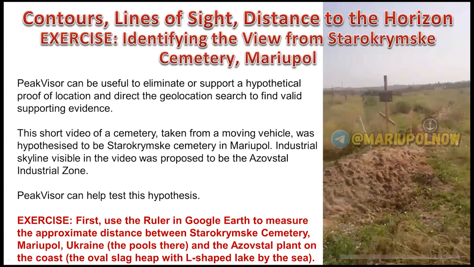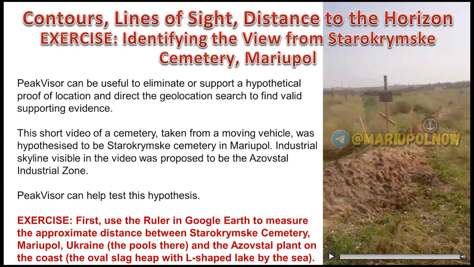So that was tricky. But what we want to do, very quick and dirty, is to test that hypothesis. If we think this is Starokrimska, fine. If that's Starokrimska, is that Azovstal? If it's not, what do we do? If it is, prove it. If it's not Azovstal, what is it then?